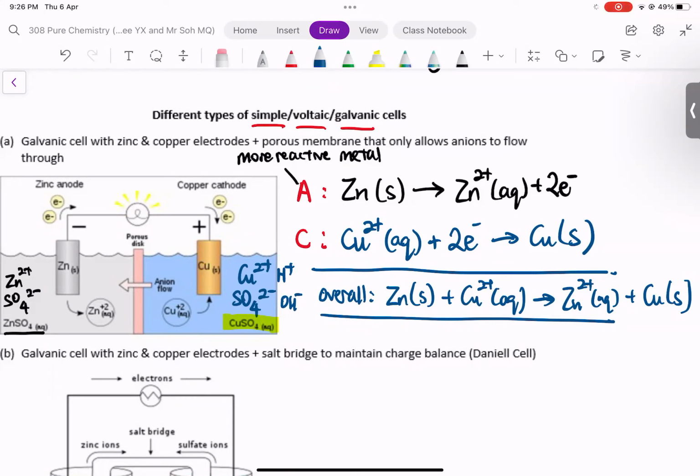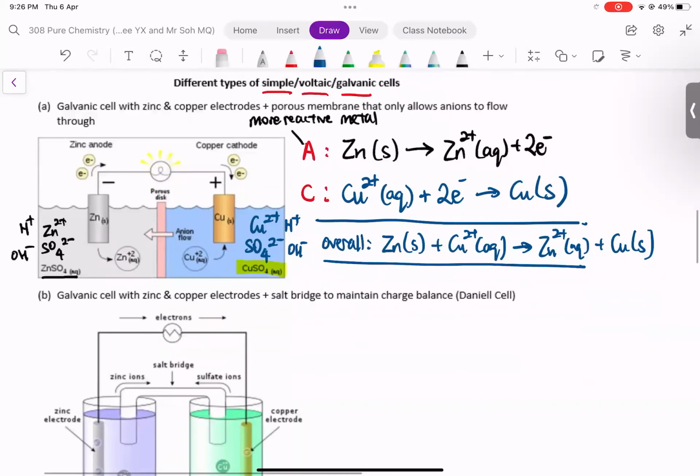They are separated for a reason, because if it's separated, then the zinc never meets the copper 2+. If it doesn't meet it directly, then there's no energy released as heat. You are forcing the energy to be converted to electrical energy. And that's why it's useful. All right. So same, galvanic cell, you should not have heat energy being released. What you should have is as much electrical energy being released as possible.